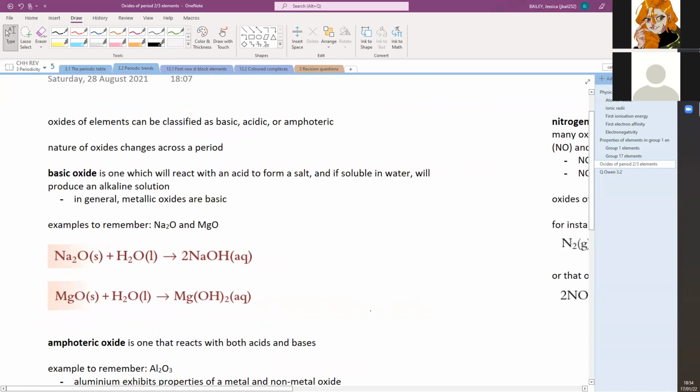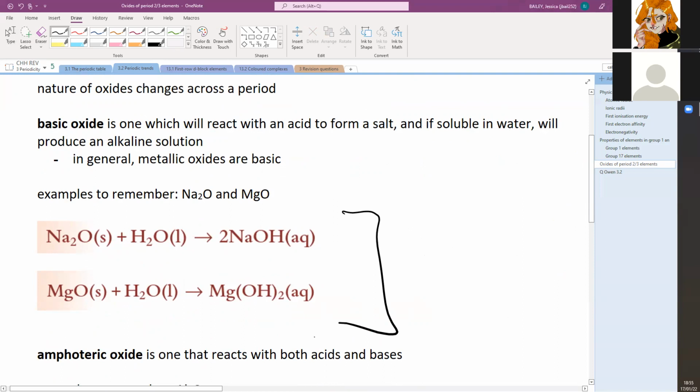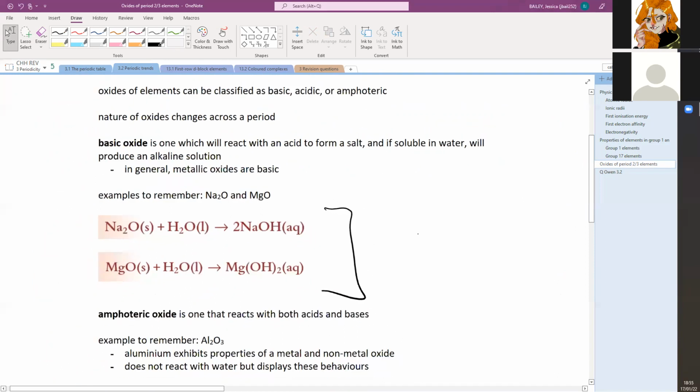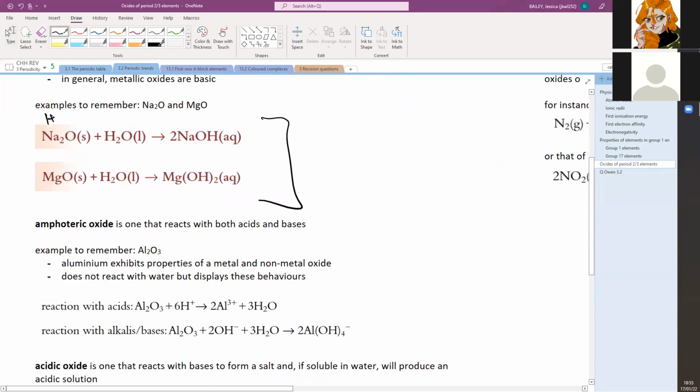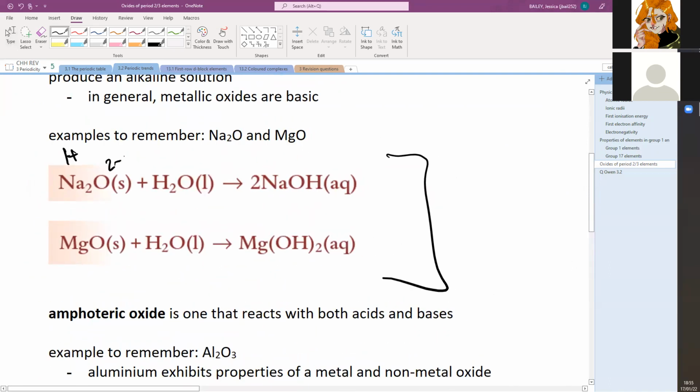But yeah, this is saying a basic oxide is an oxide that when it reacts, it forms an alkaline solution in water. So just memorize these 2 equations, is my advice on that. So this is if you have 1+ charge, because remember sodium has a 1+ charge, then you need 2 of it because oxygen has a 2- charge.